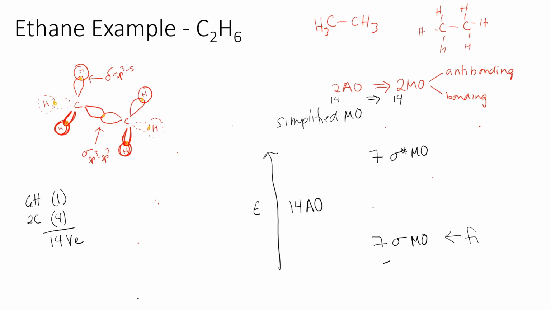So all of these are going to be filled with 14 electrons, which means all of my anti-bonding molecular orbitals are going to be empty. I don't have any extra electrons to put in the higher energy state or the anti-bonding state, which means that these will be my HOMO, or one of them would end up being my HOMO, and up here one of them would end up being my LUMO.